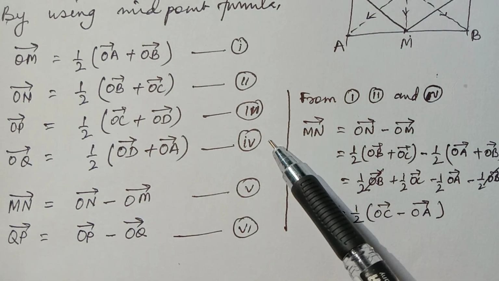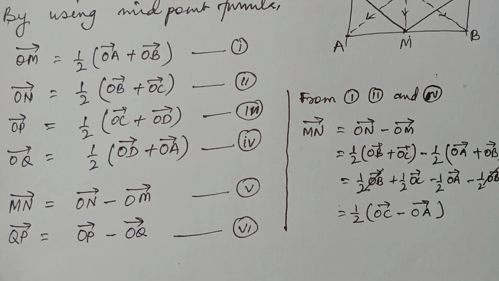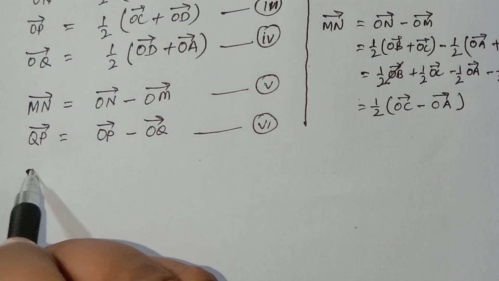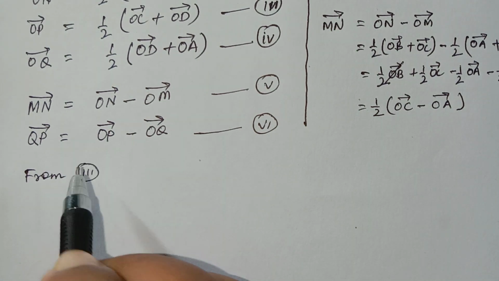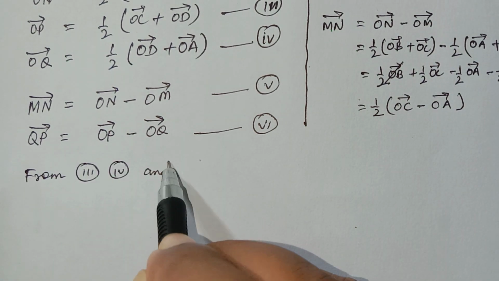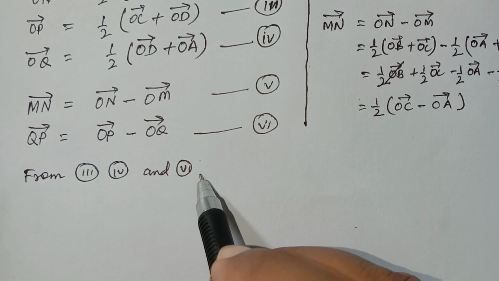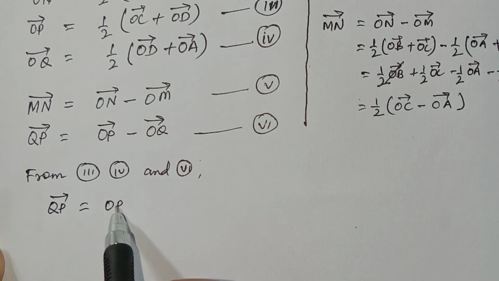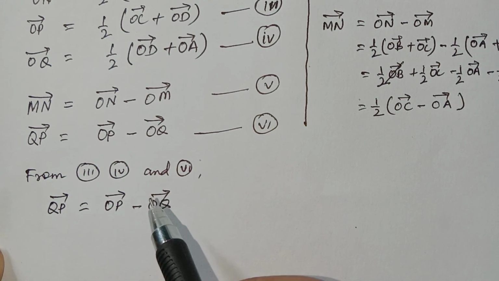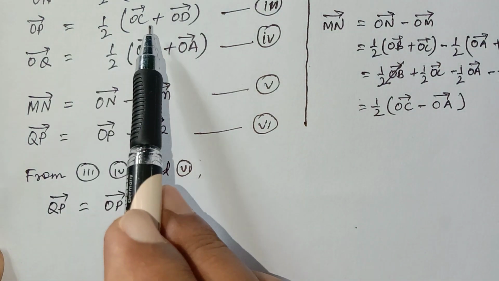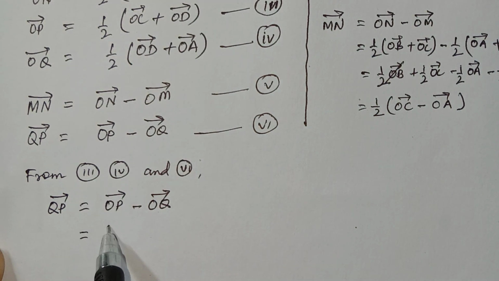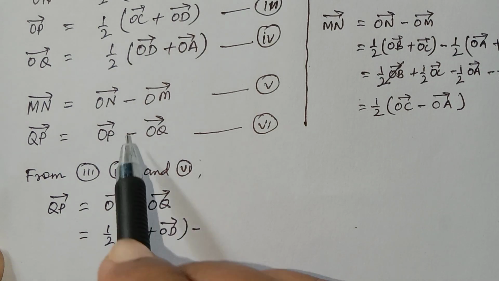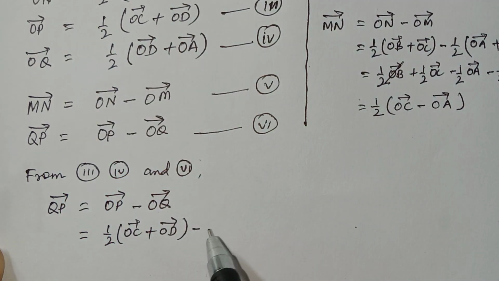Now let's check 3, 4 and 6. From 3, 4 and 6, we have vector QP equal to vector OP minus vector OQ, and my OP vector is half of OC plus OD, minus my OQ vector, which is half of OD plus OA.